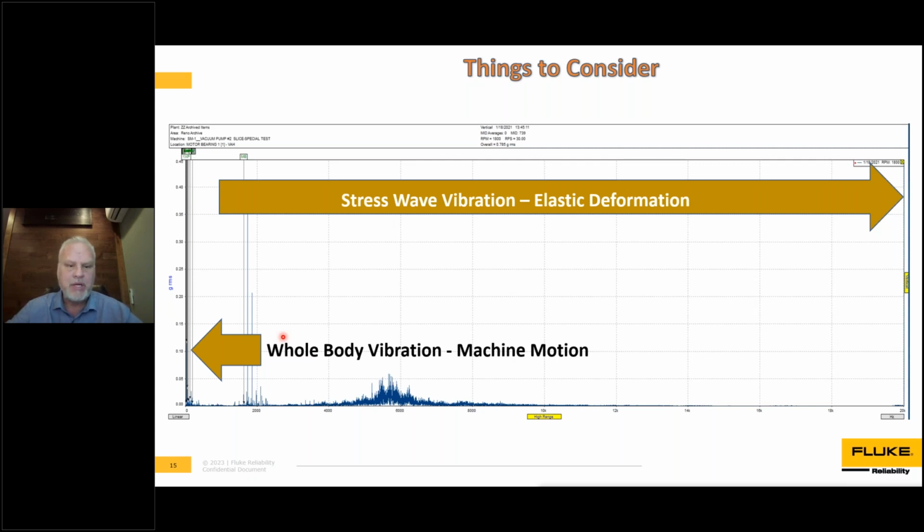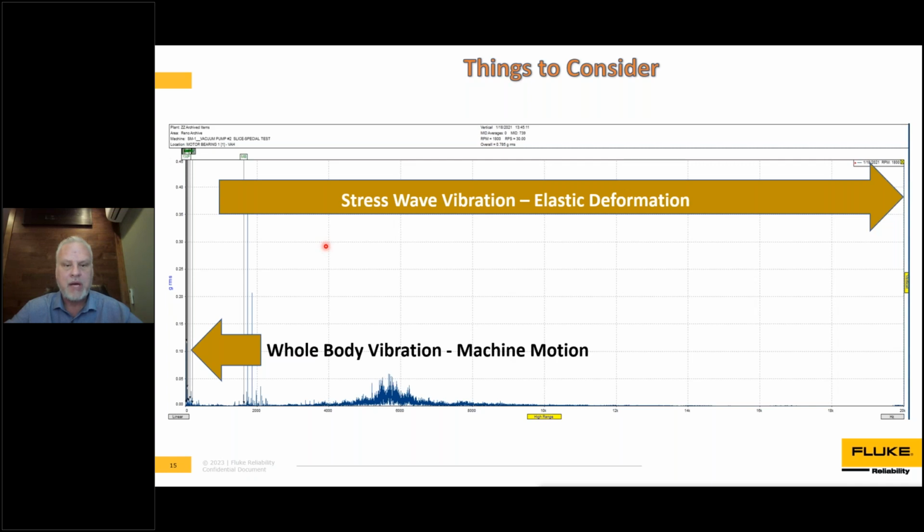It's pretty easy to visualize what that kind of vibration is. A washing machine that's jumping around, that's whole body vibration, right? However, at the same time, you have stress wave vibration, which has more to do with high frequency vibration, which instead of traveling as whole body vibration across the entire machine, will travel more like waves in a pond, ripples in a pond, right?